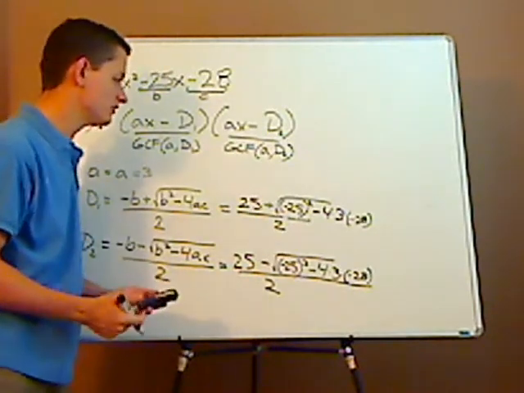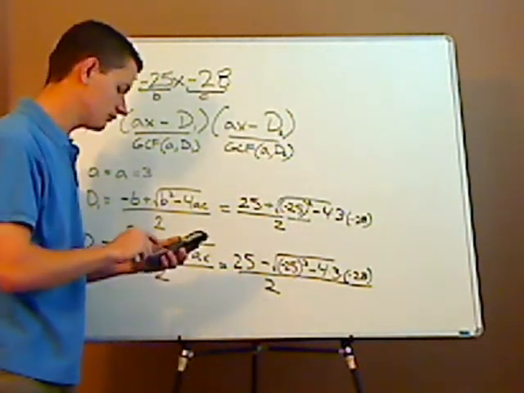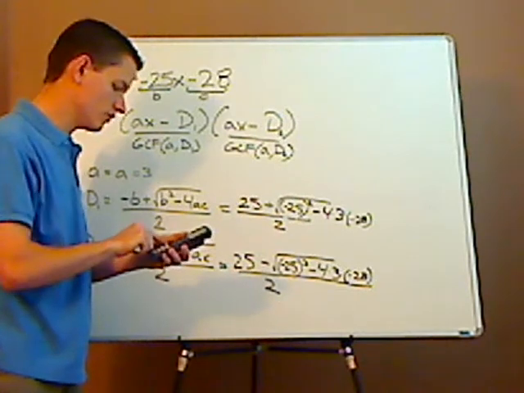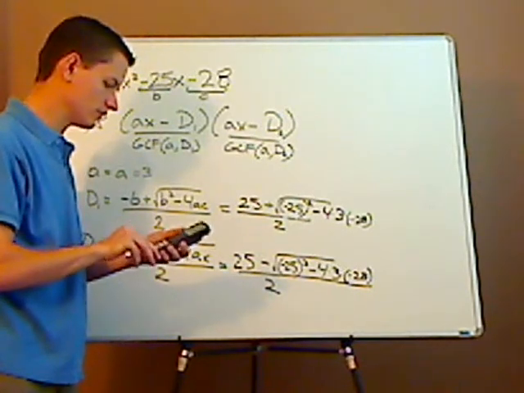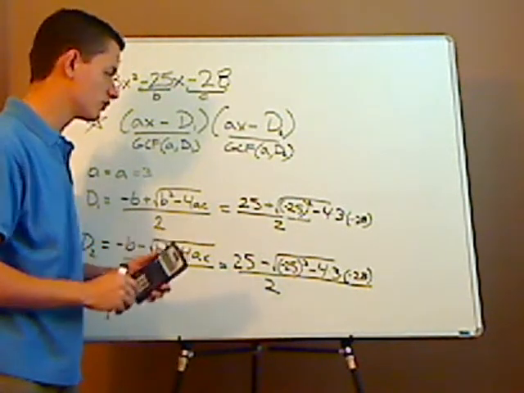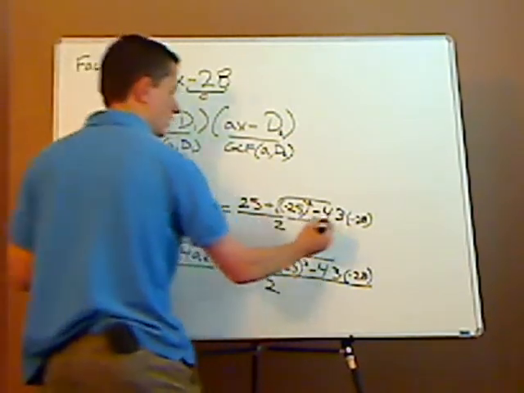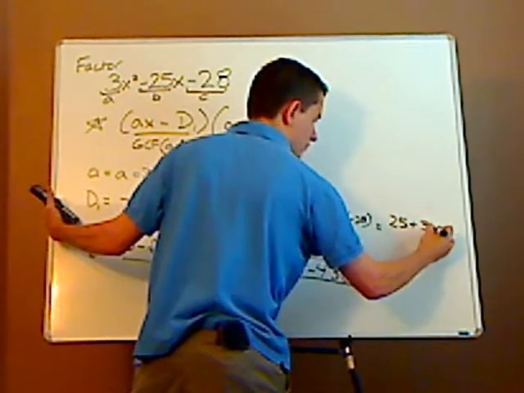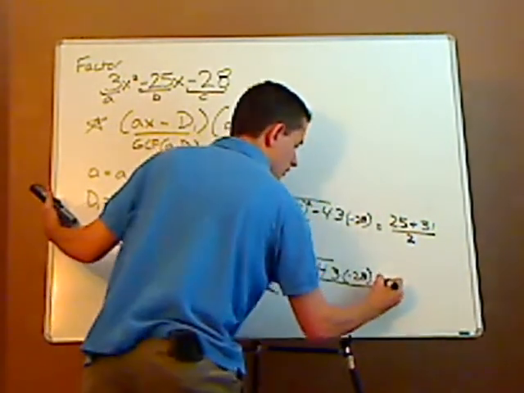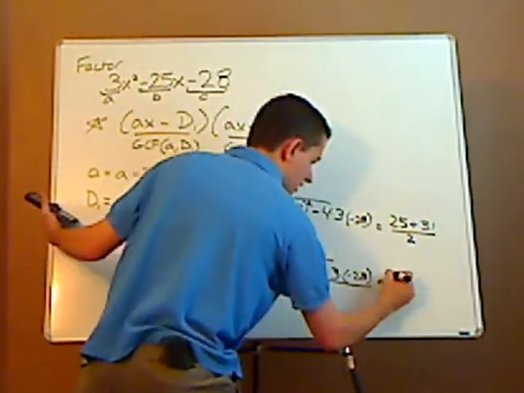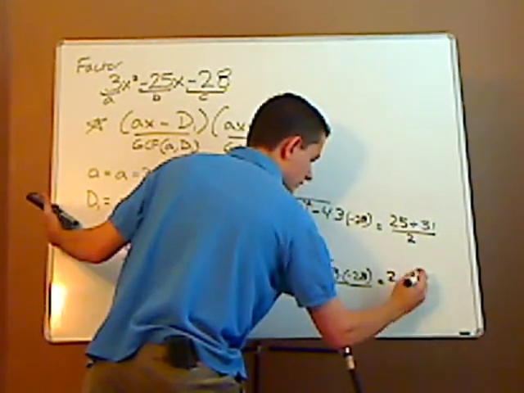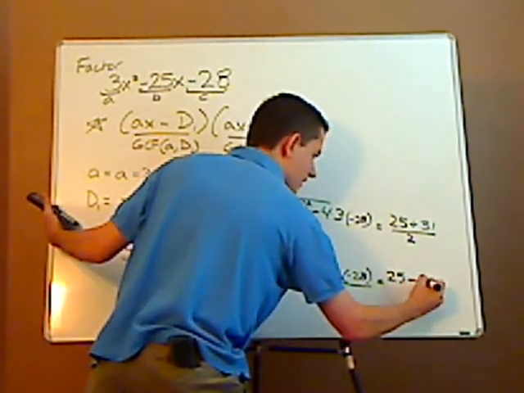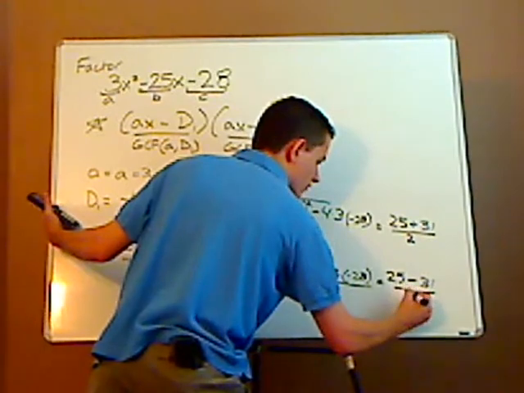Now what you do next is you take the square root of that. The square root of 961 is 31. So this is 25 plus 31 over 2. And this is 25 minus 31 over 2.